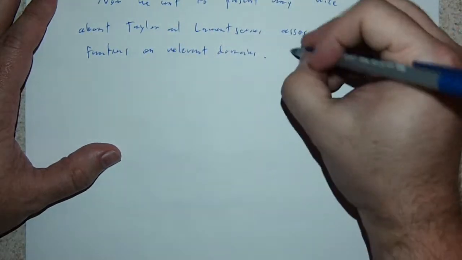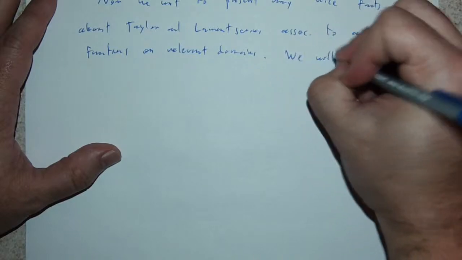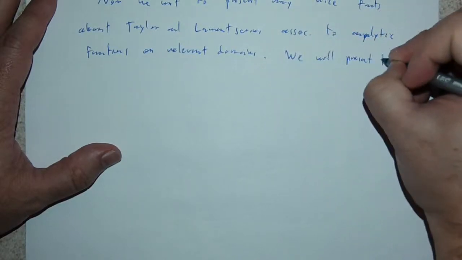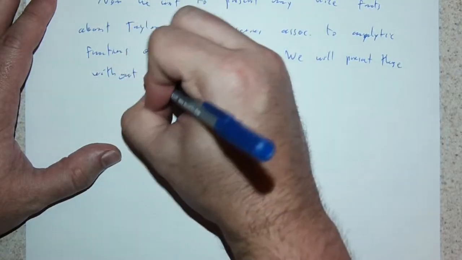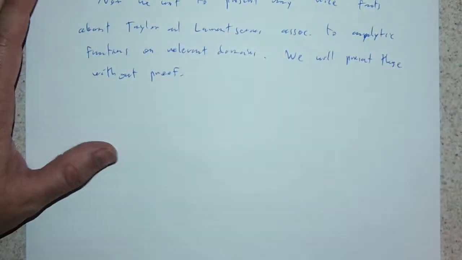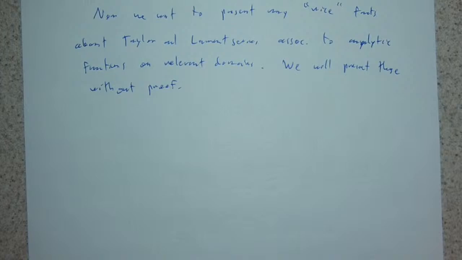And we will present these without proof. Because what is important to us is how we're going to use all these facts to be able to say that what we're doing works out nicely when you're dealing with these situations that we've set up in the statements of these theorems, Taylor's theorem and Laurent's theorem.